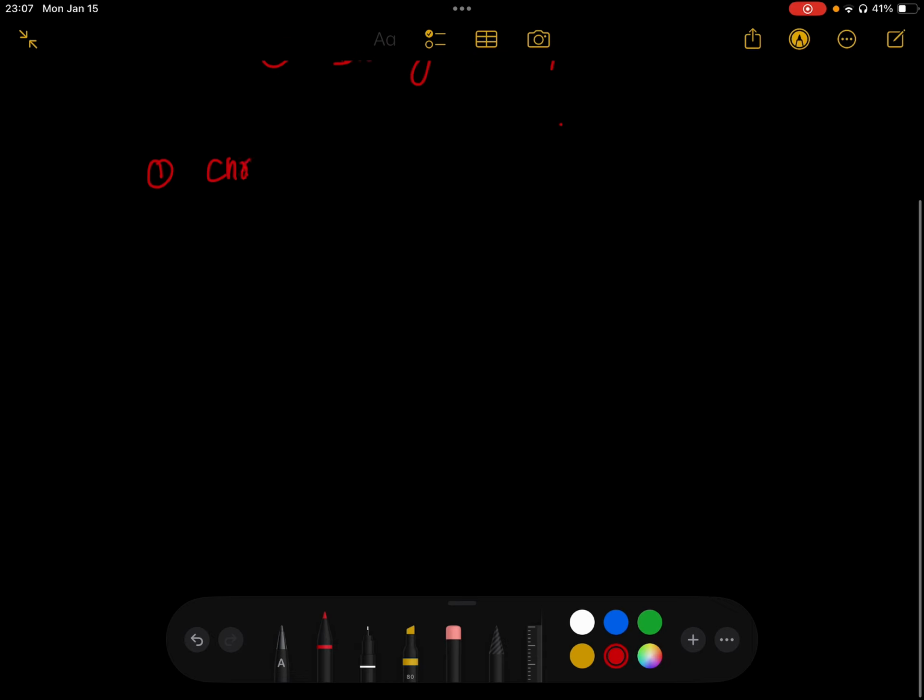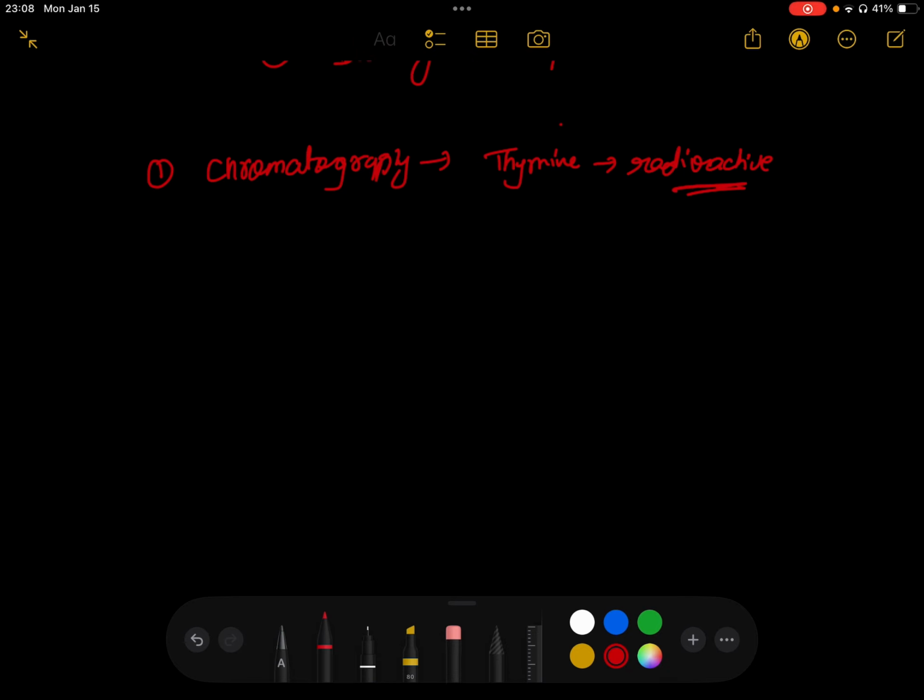So basically what happens in chromatography, we have a thymine, which is basically a radioactive element. So suppose if there is some DNA and I want to study that DNA, like what is the location of it.